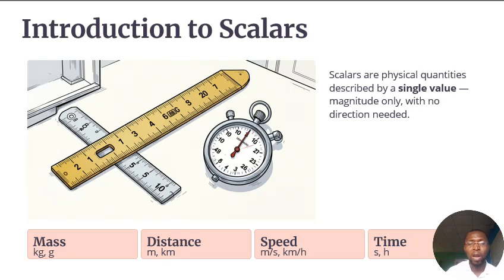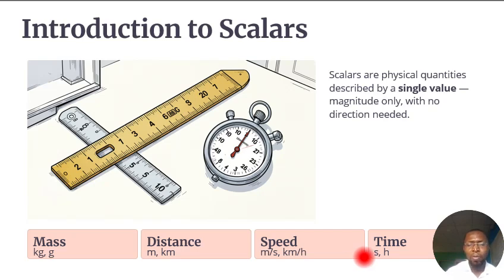So we have a lot of examples of scalars. Mass is one of them. Then we also have distance, or what we refer to as length at times. Then we have speed, we have time, and so on. And we have potential, we have temperature.